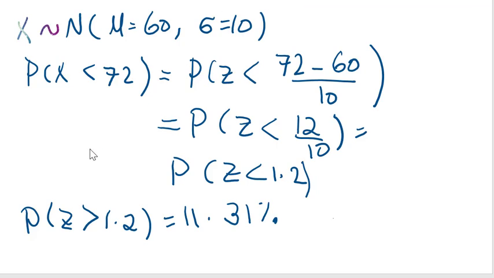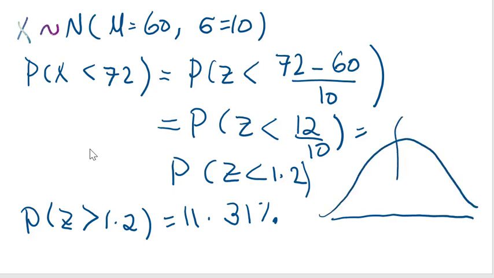Now I want to draw it and show you how it works. See, this is the normal curve, and we know that the normal curve mean is equal to 0. Now probability of Z less than 1.2, we want this probability.